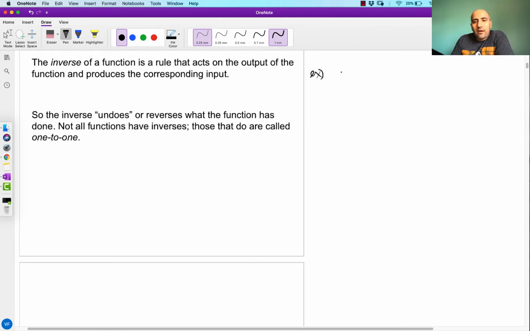Say we have f of x is equal to 2x plus 1, right? What does this mean? This means that whatever we input into it, we're going to double it and then add 1, right? That's what this set of instructions tell us.